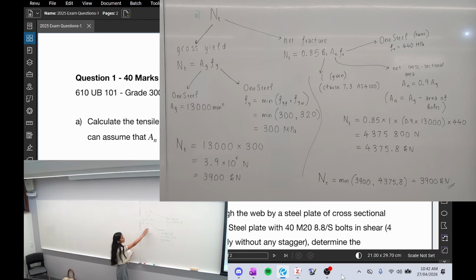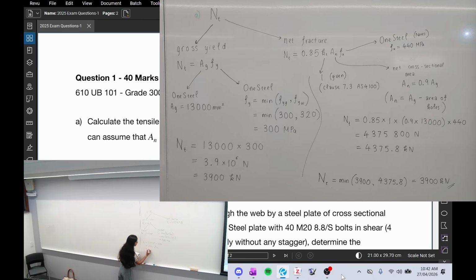Now we have everything we need to find N_T by gross yield. We just put that into the formula. Our tensile capacity will be the area times the stress, and that gives you 3.9 times 10 to the 6 newtons.